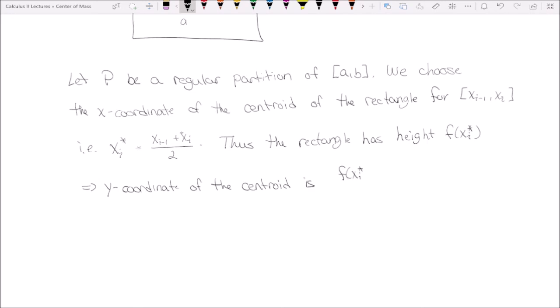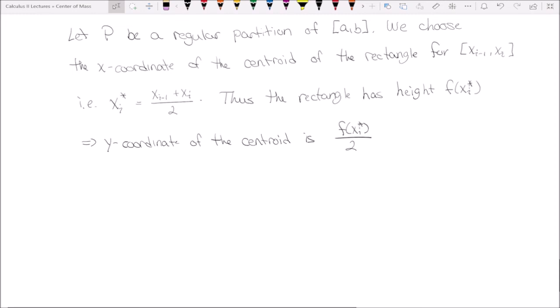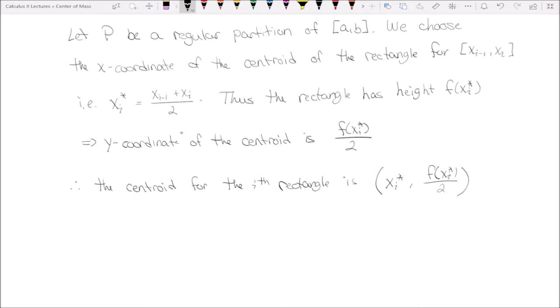So it's f of x sub i star over 2. Therefore, the centroid for the ith rectangle is the point x sub i star, f of x sub i star over 2.